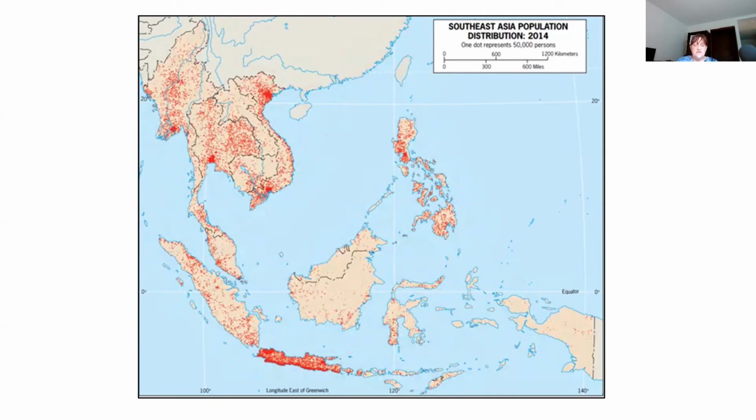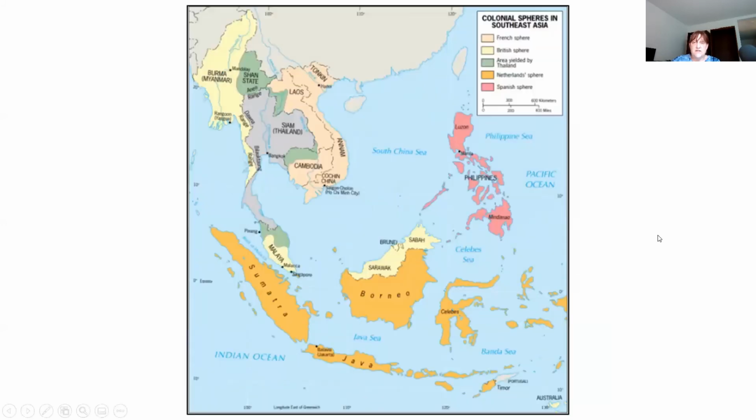So now we know different groups of people have been populating and repopulating this area over time. We know that trade with China and India and others brought in peoples and products and religions and other cultural things. So here's the colonial sphere of influence in Southeast Asia.